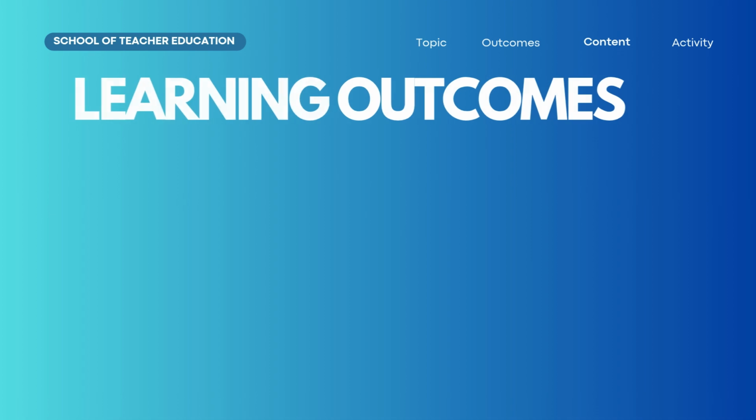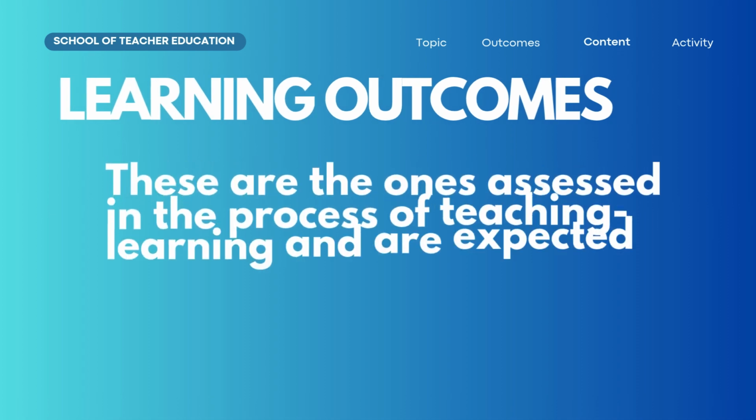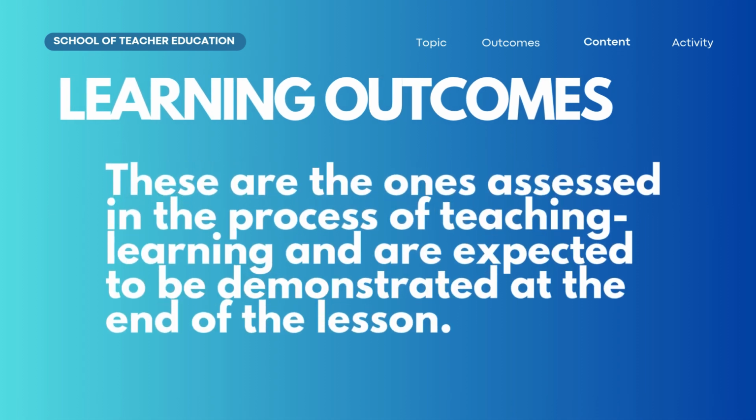So when we talk about a learning outcome, it is actually the very specific part of the curriculum itself. These are the ones that are assessed, or what the learners are expected to know, understand, and be able to do at the end of any learning experience.